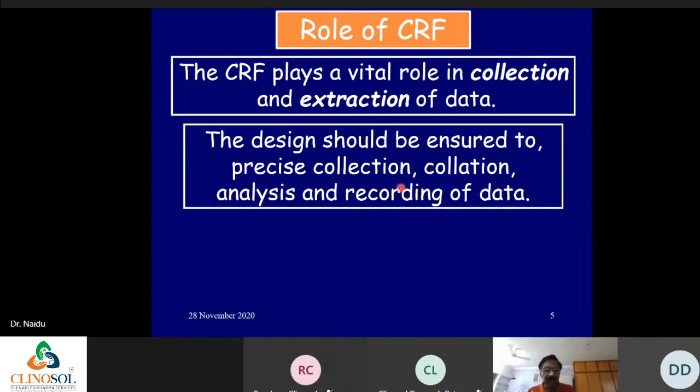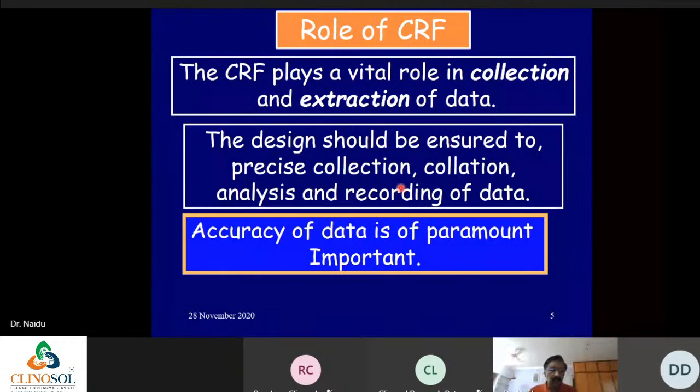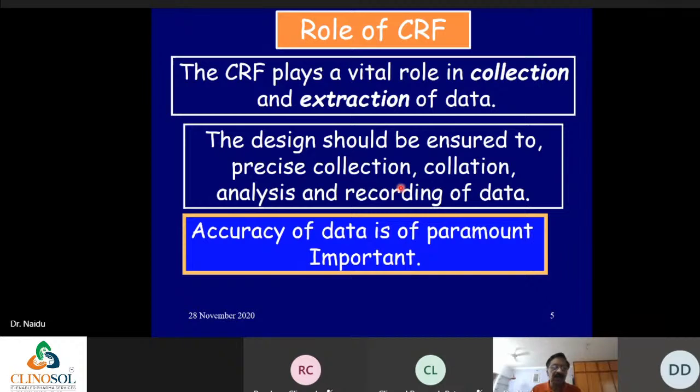And lastly, the most important role of the case record form is that accuracy of the data is of paramount importance. We find across the literature many reports that the data was not properly entered, and subsequently wrong data appeared, and due to that various future problems have appeared.